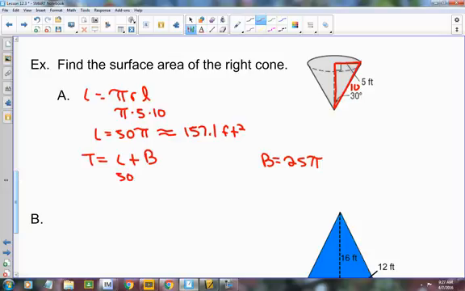So we've got 50 pi plus 25 pi, which is 75 pi. That's the exact answer. So 75 pi would be 235.6 feet squared.